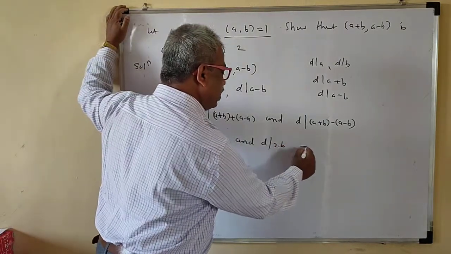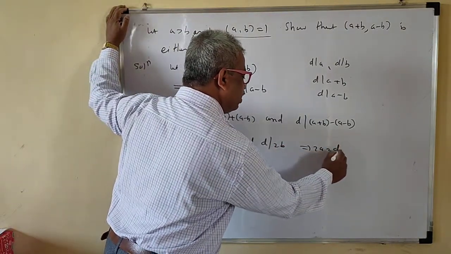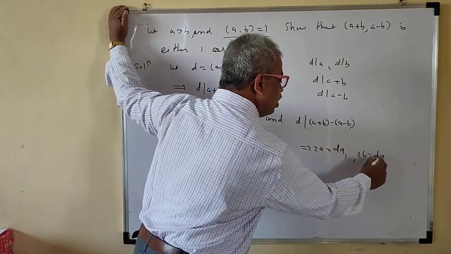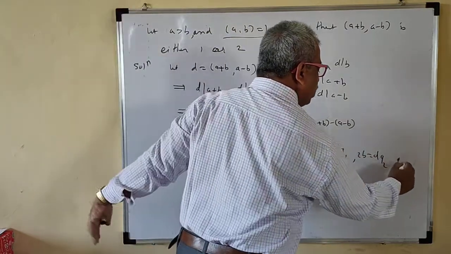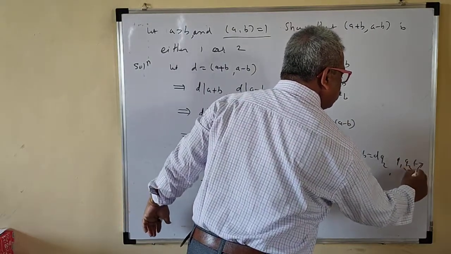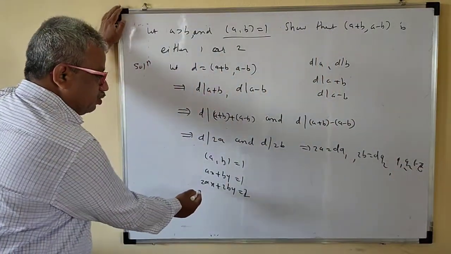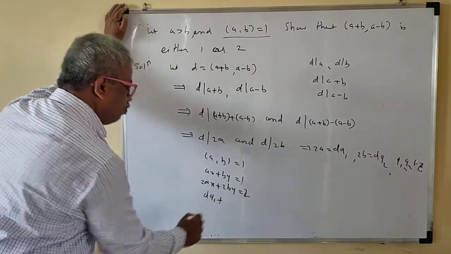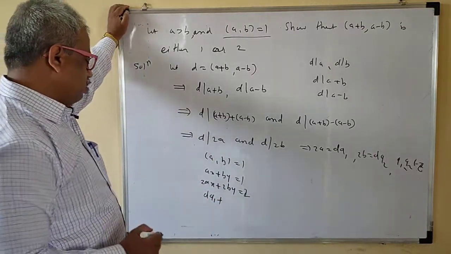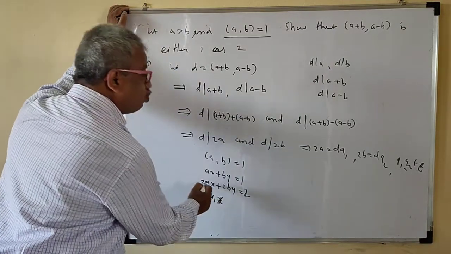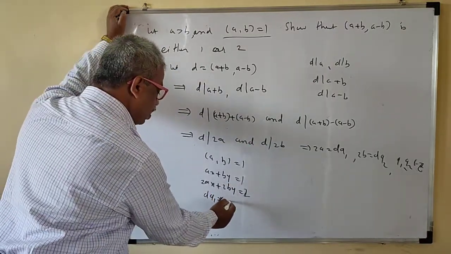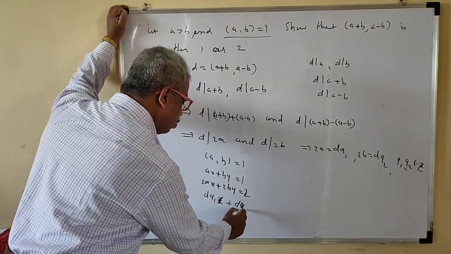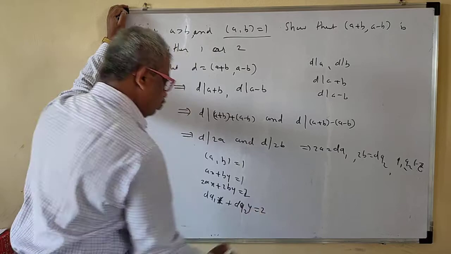So this implies that twice a is equal to dq1 and twice b is equal to dq2, where q1 and q2 belong to Z. So the value of twice a is dq1, times x, plus the value of twice b, dq2, times y, is equal to 2.